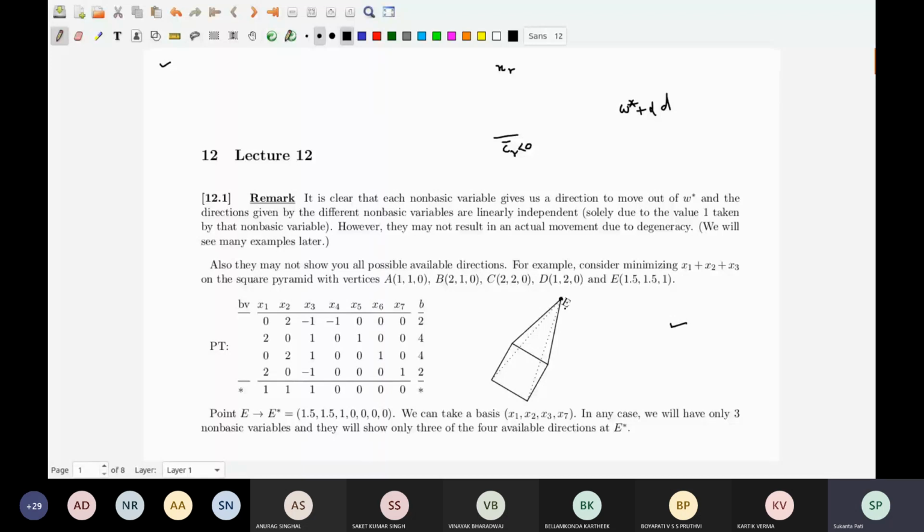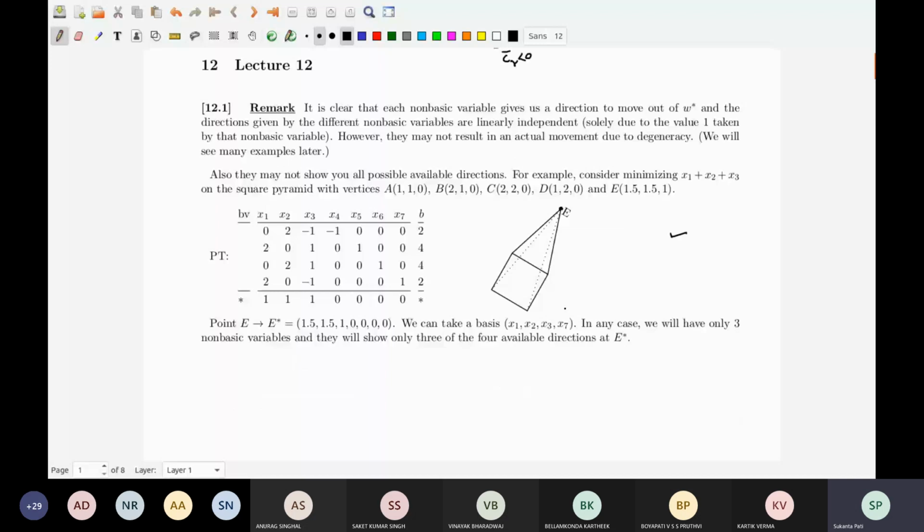They will not give you all possible directions to come out of the vertex. That may happen. This was just a remark. You can try to write down the simplex table at this vertex E, and see what is happening. That is no problem.